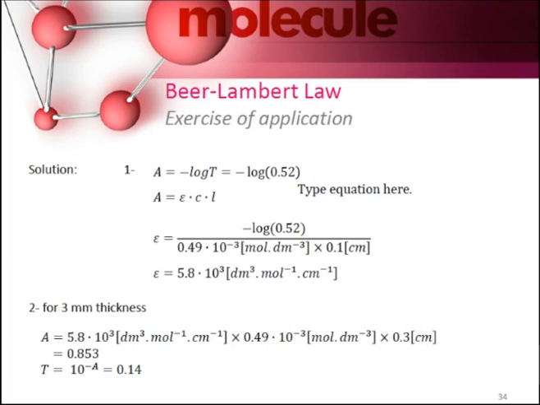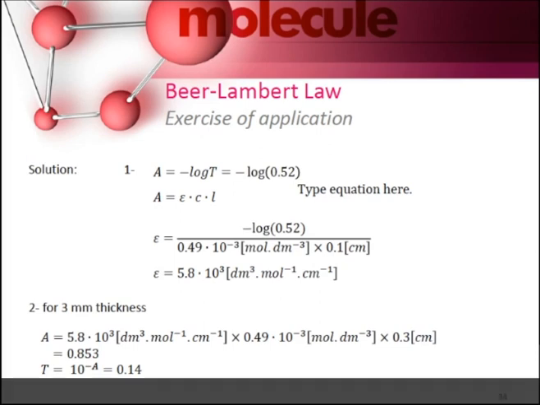Now notice that we just changed 0.1 centimeters to get into the centimeter unit, because it's the international unit. But we kept this in mole per decimeter cubed. So we've got epsilon, the molar absorption coefficient of this solution.